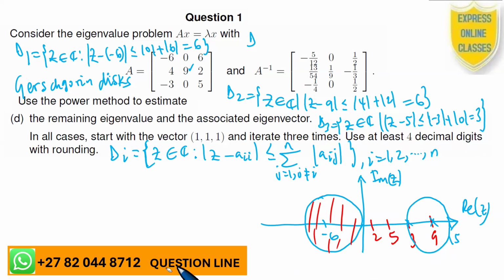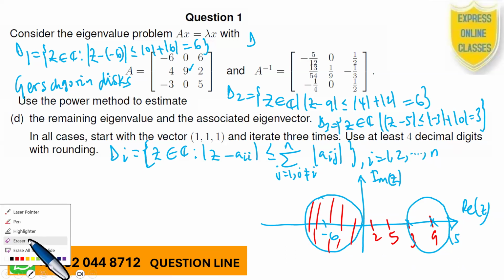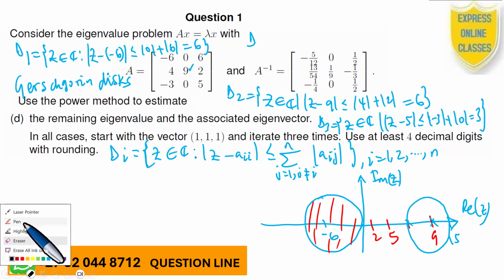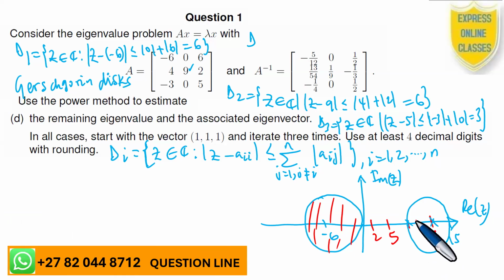So 5 plus 3 gives you 8, close to 9, and 5 minus 3 gives you 2. So I wanted to draw this disk like so. These disks overlap like they did last time.